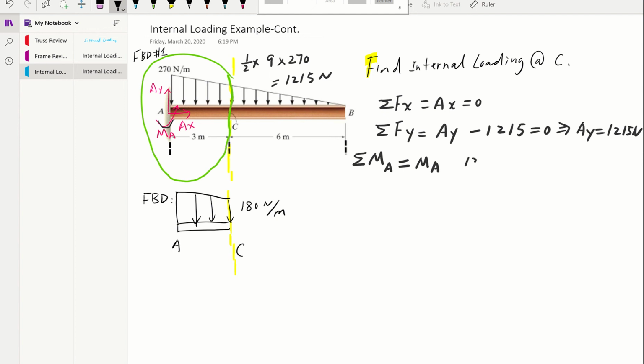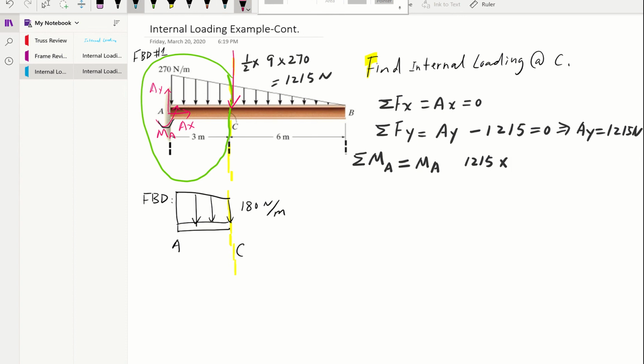Then the distributed load 1215 is located at 1/3 of this triangle, so that's exactly at this point C. That's 1/3 of 9, so 3 meters.